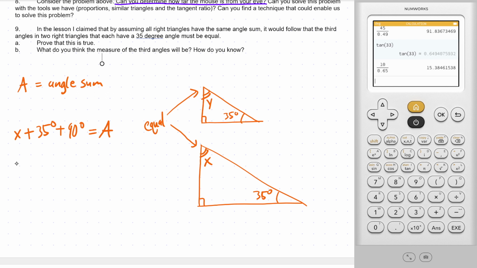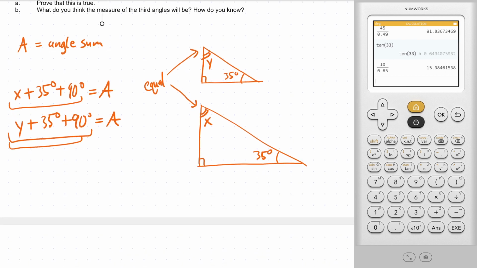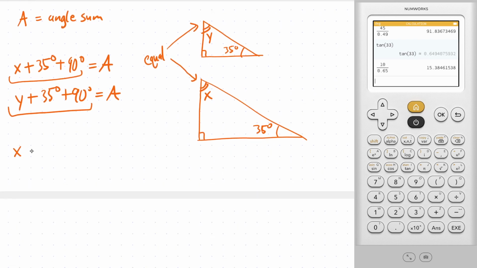Okay, but I also know that y plus 35 degrees plus 90 degrees is equal to A. So if this is equal to A and this is equal to A, doesn't it follow that x plus 35 degrees plus 90 degrees is equal to y plus 35 degrees plus 90 degrees?